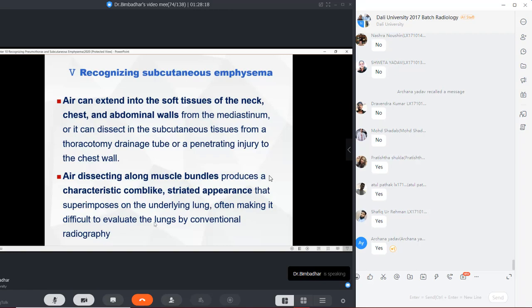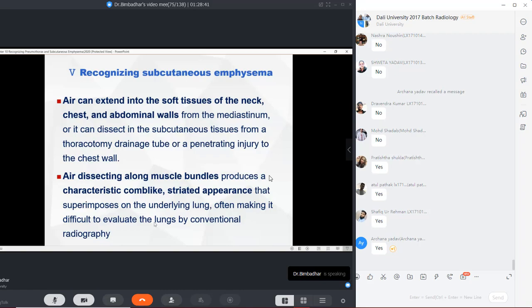So to confirm the extension of the subcutaneous emphysema and of a pneumothorax, the best investigation of choice is a CT scan. The number of segments that have collapsed by compression is the percentage of the pneumothorax.